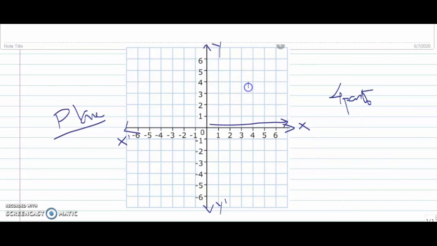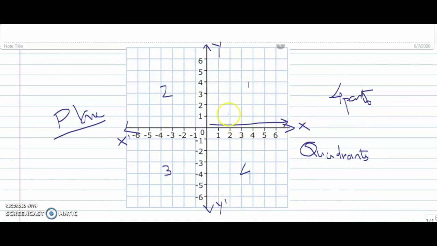You can find out the x-axis and y-axis divided the plane into four parts. How many parts? Four parts, known as quadrants. So what are quadrants?